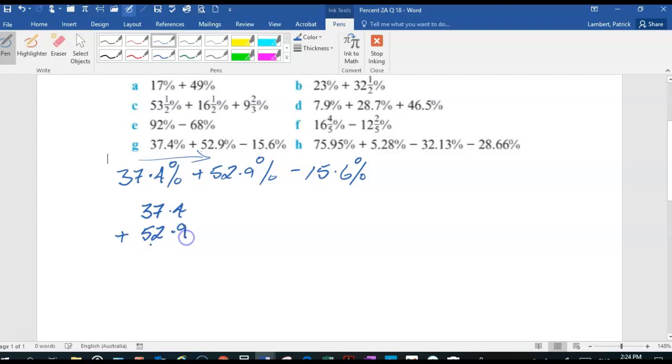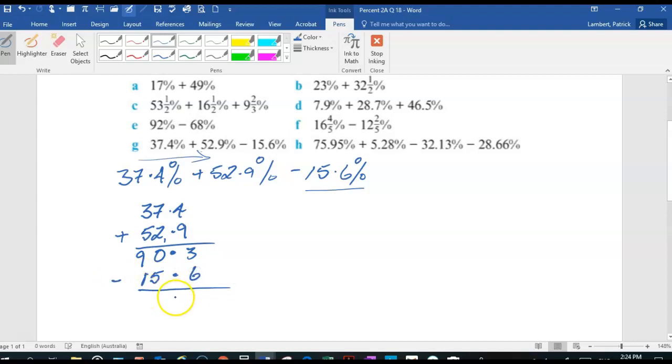52.9. Add that, 9 and 4 is 13, put down a 3, carry the 1. 3 and 7 is 10, put down the 0, carry the 1. 6 and 3 is 9. So I've got 90.3, then I want to subtract 15.6, so that becomes minus 15.6.